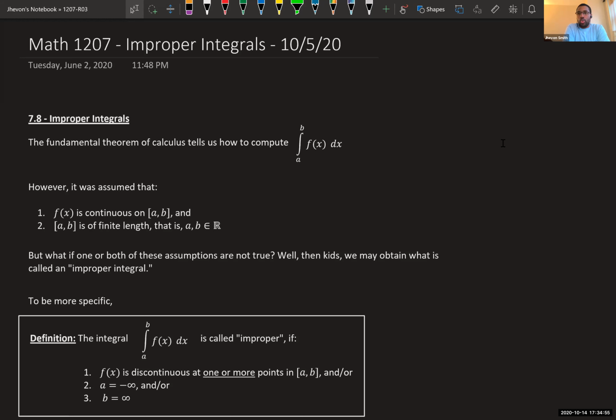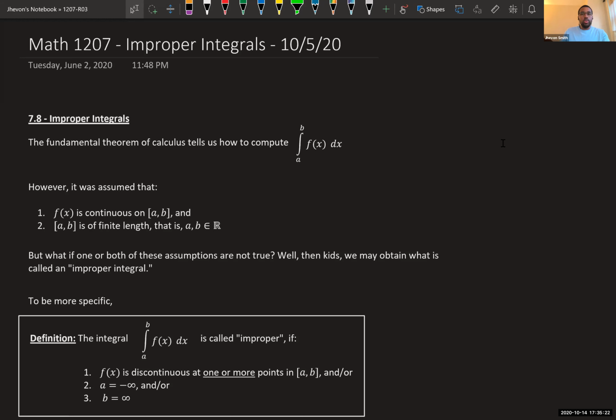You can have an integral where all of these are issues: the function hits discontinuities and both limits are infinite. So you can have all sorts of varieties, but any one of those things, the function being discontinuous on the interval AB, perhaps even at the endpoints, the lower limit being negative infinity, the upper limit being positive infinity, any one or several of these things happening will create an improper integral.